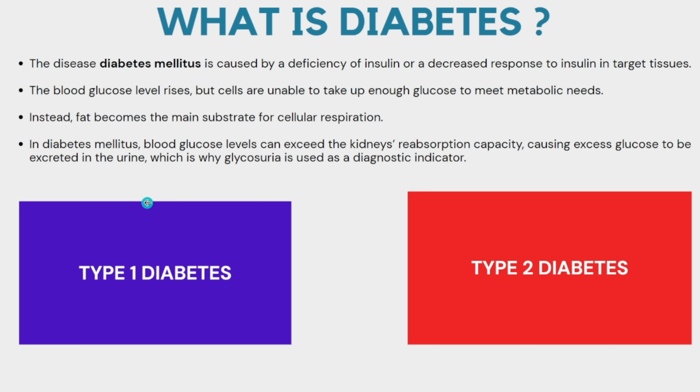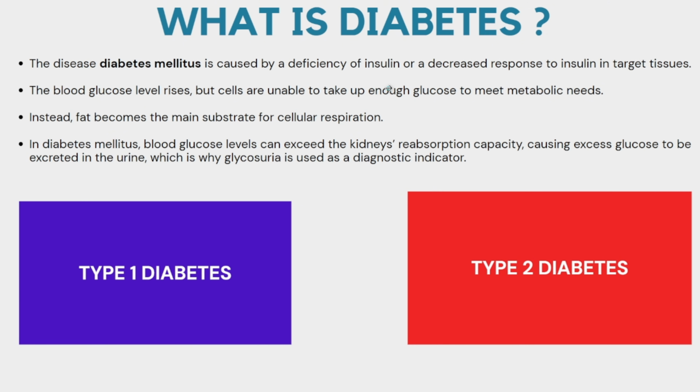So the blood glucose level rises, but the cells are unable to take up enough glucose to meet the metabolic needs. Because when you want the cell to take in glucose, one of the key functions is insulin. Insulin plays the major role.